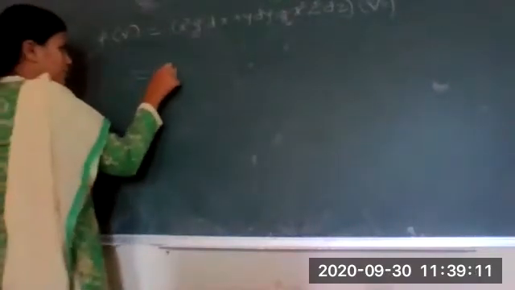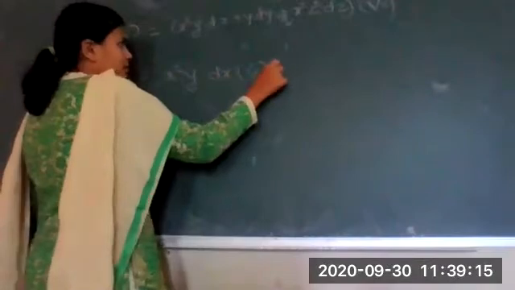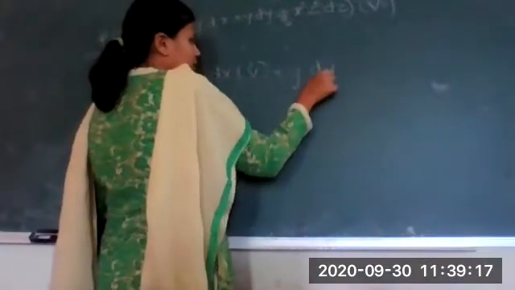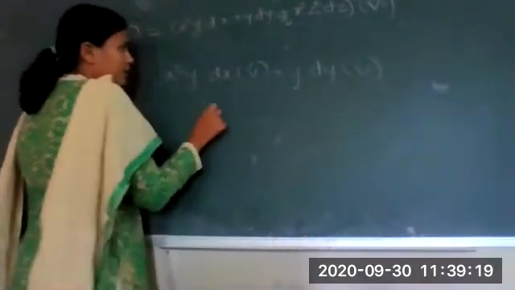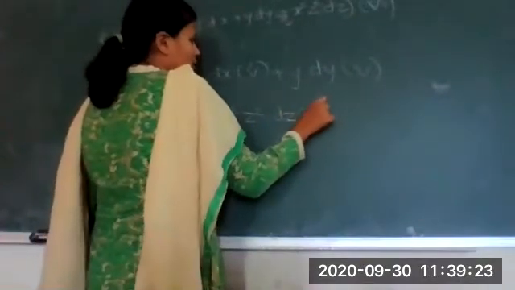So if I want to evaluate this on a vector field, how it works, as x square y are real valued functions, we can keep it outside, that is x square y, dx of v plus y as it is, we have to evaluate dy on v plus x square z square, we have to evaluate dz on a vector field v. Okay.